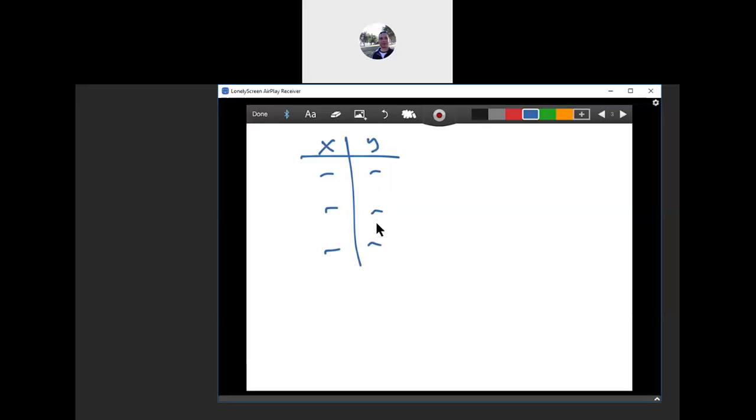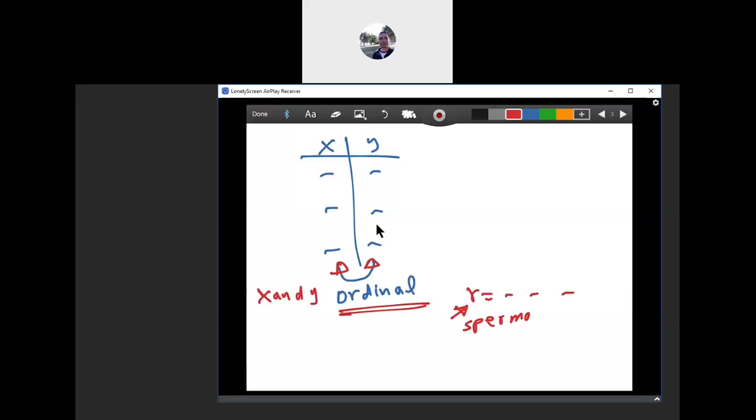So if x and y are ordinal, you go for what? Yes, you go for Spearman correlation coefficient. So you have R, and it's called the Spearman correlation coefficient.